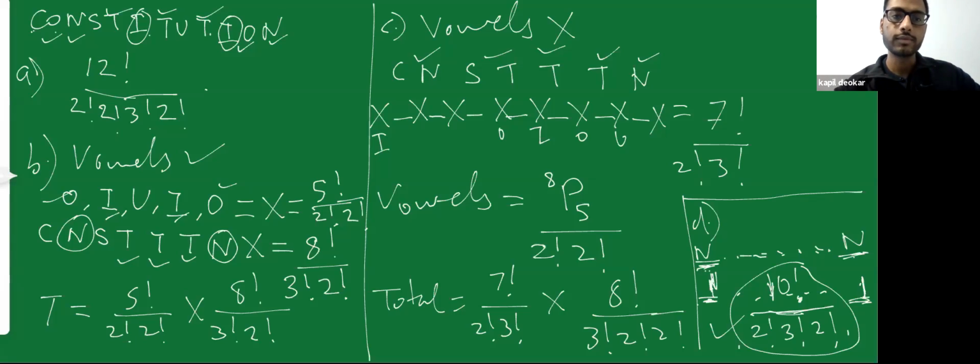Okay, done. I've got answers. Perfect. No doubts from here. Just let me know in the chat box if you are having any doubts. If you have no doubts, type in no. If you have any doubt in A, B, C, or D, type in A, B, C, or D so that I'll explain that part.